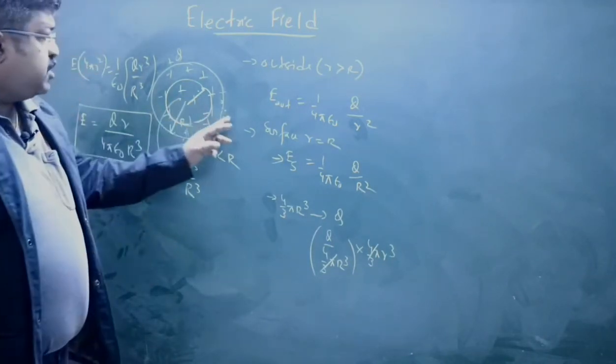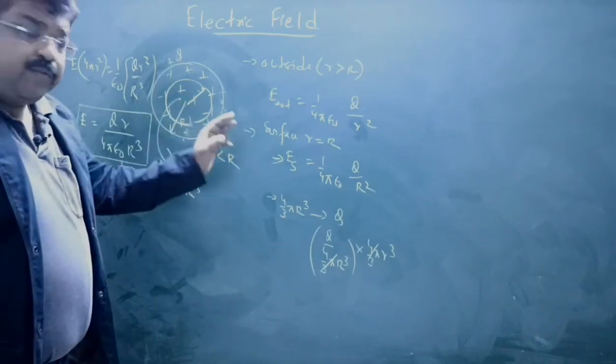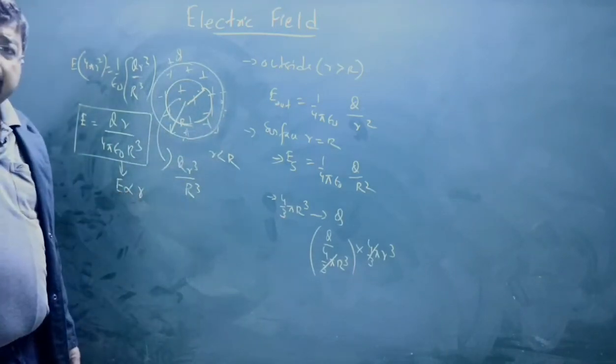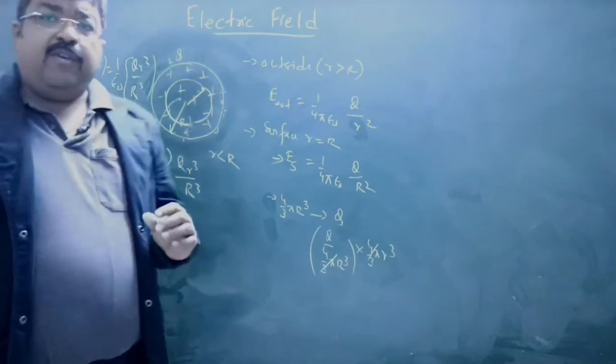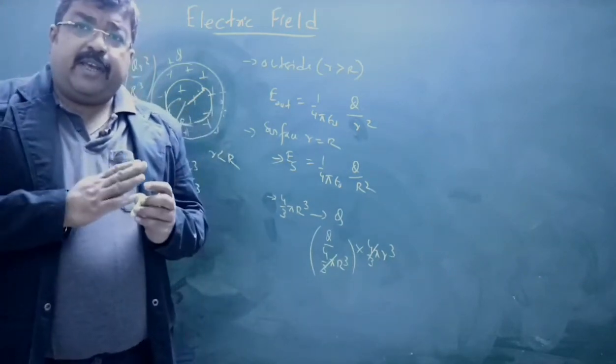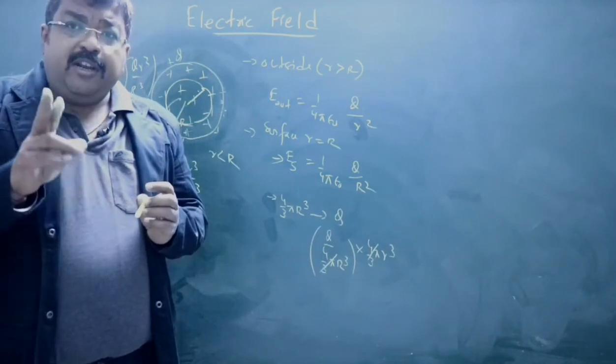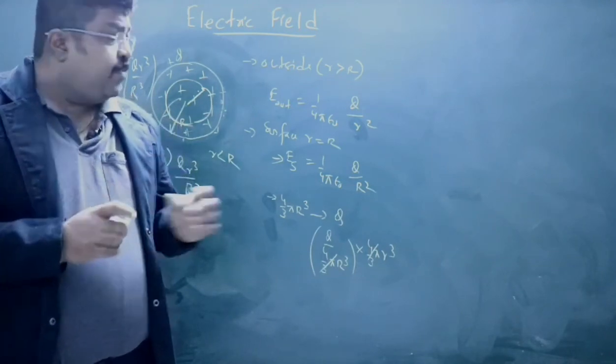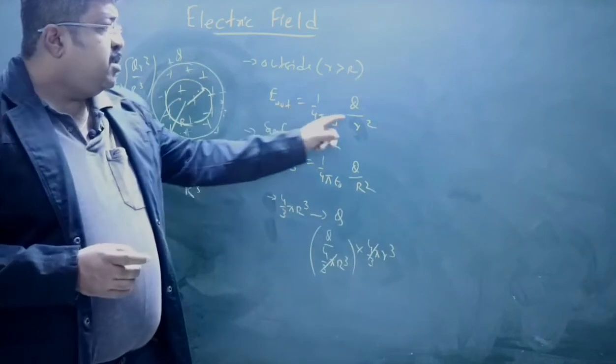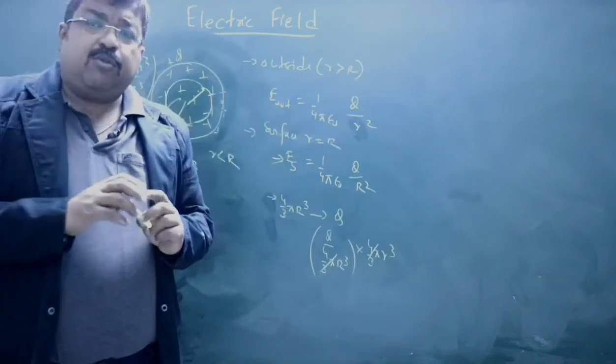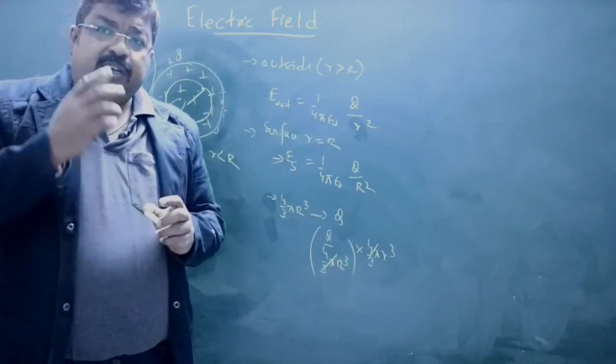As you move out from the center towards the surface, E is directly proportional to r. So the electric field intensity is 0 at the center, and as you move towards the surface, it keeps on increasing linearly. On the surface it will be maximum, and outside the surface it is inversely proportional to r square, so it will decrease.